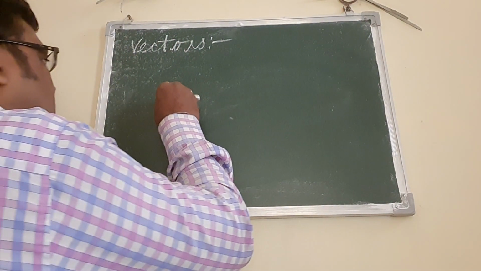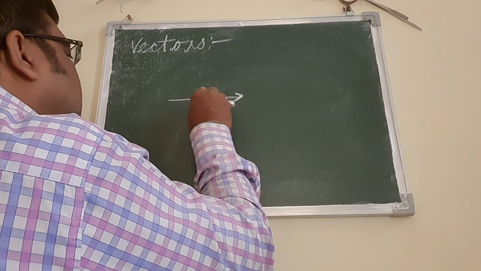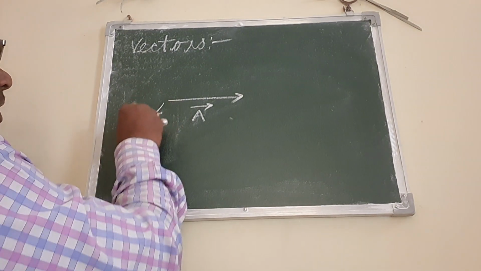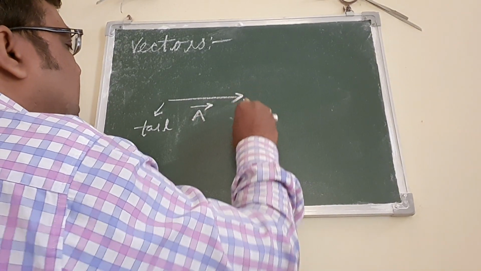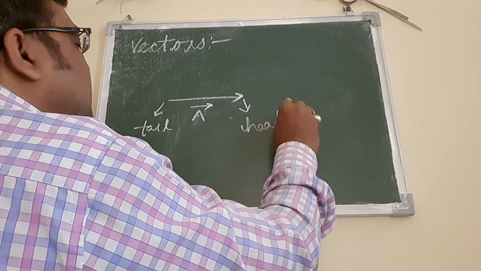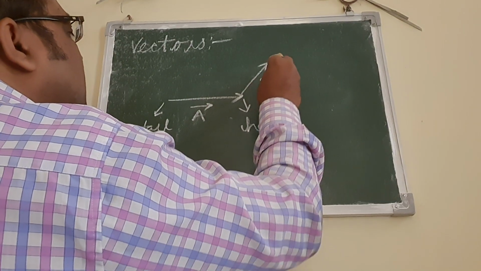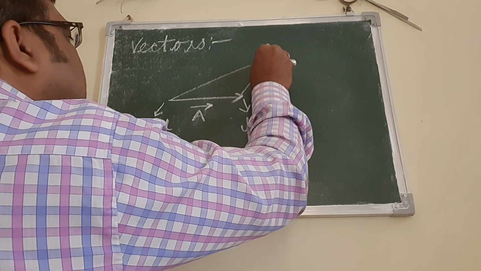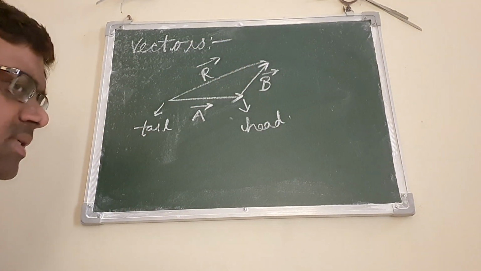So I can draw a vector. This is a vector A with an arrow on it. This end is known as the tail, and this end is known as the head. And we connect another vector, the B vector, from the arrow, and this will be its resultant, the R vector.